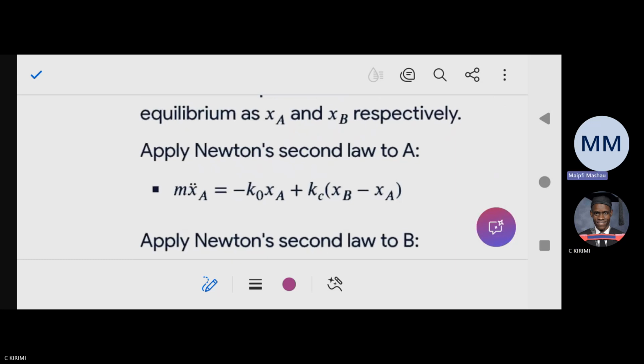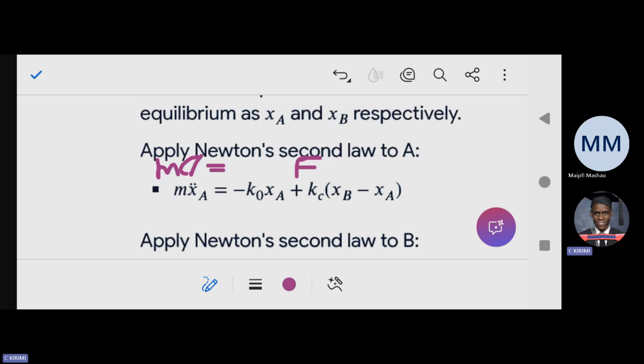Force equals mass times acceleration. So the force we are having equals the mass times the acceleration.